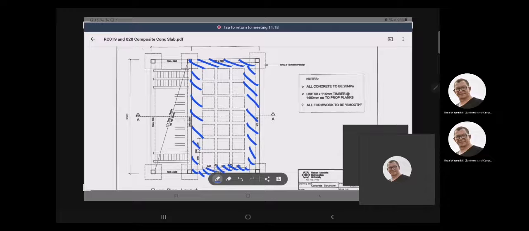So my description would read smooth formwork to the sides and the soffits of my beams, which I would measure first. Smooth formwork to sides and soffits of my beams, including propping up, exceeding 1.5 and not exceeding 3.5 meters high. And that would refer to the beams around.